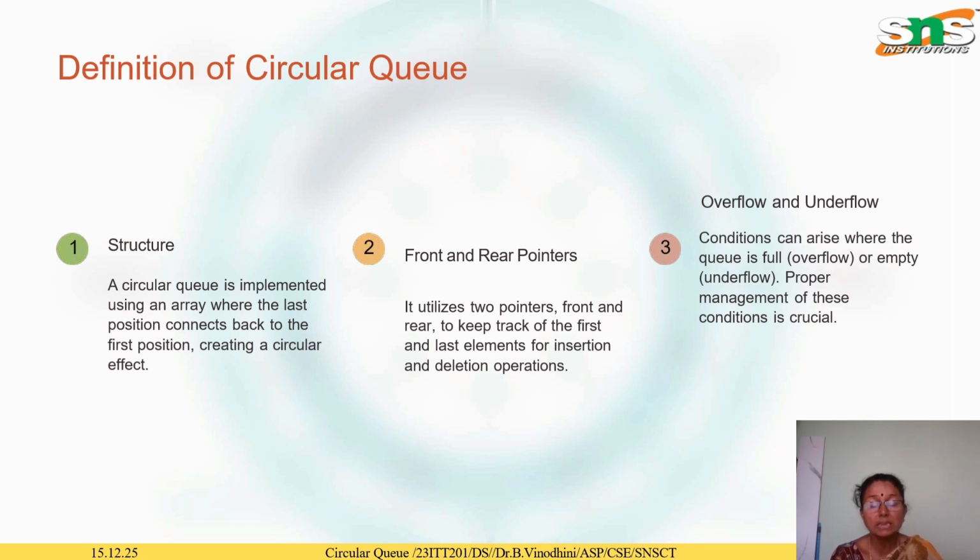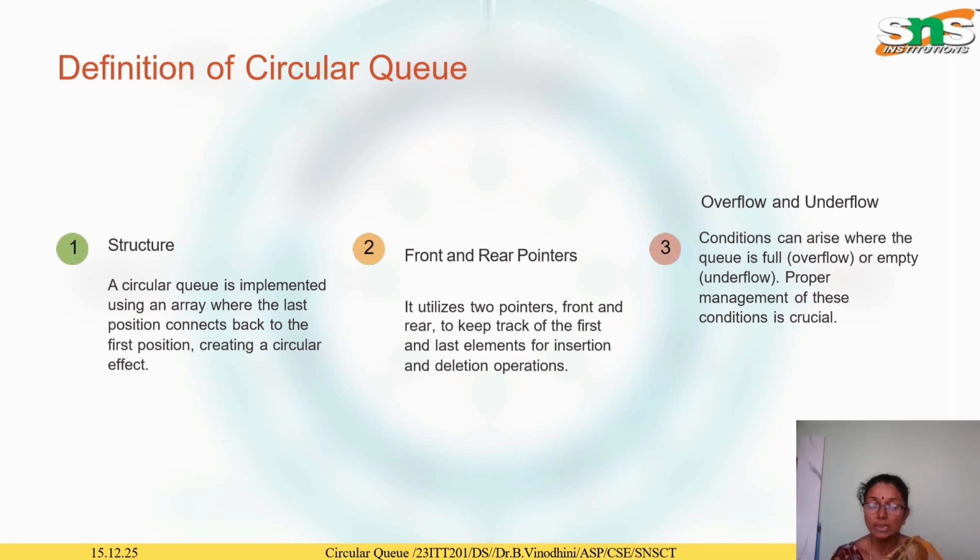When you are going to insert an element, first we have to check whether the queue is full. That is the overflow condition. Suppose you want to delete an element, we have to check the underflow condition. Those are the two important conditions, overflow and underflow. So these are all the basic definitions of the circular queue.